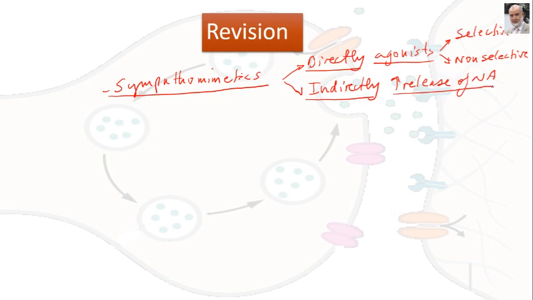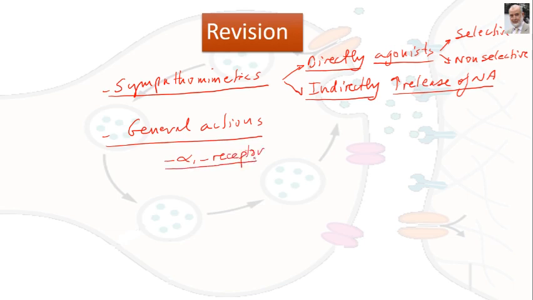Okay. Also, we talked about the general actions of sympathomimetics, and we said that these actions depend on what type of adrenergic receptor is stimulated. When we stimulate the alpha-1 receptor, usually we get an excitation except in the intestine.